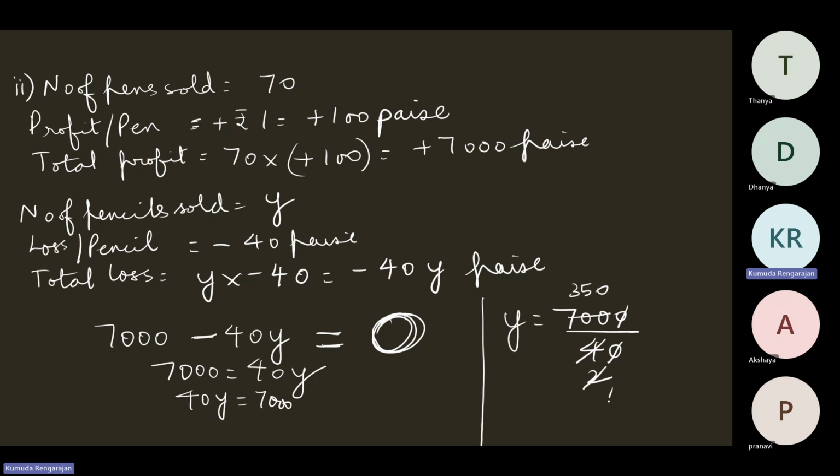Then again 2 175 times. So y is equal to 175. See here, what is y? Number of pencils sold. So the number of pencils sold is 175. Correct? Yes, ma'am.